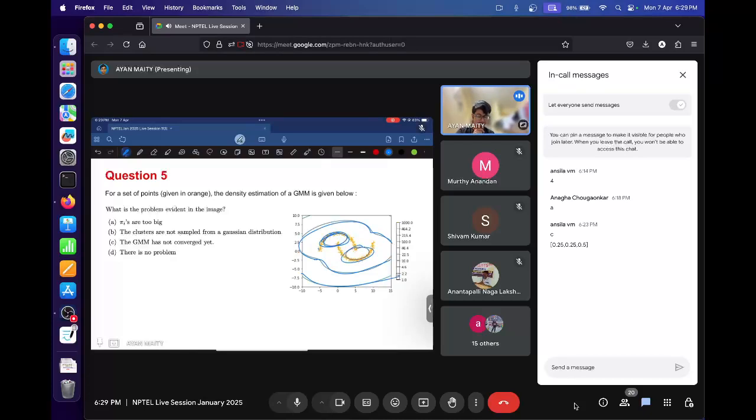So GMM finds these two Gaussian-like clusters. What is the problem evident in this figure? So the options are: A, pi i's are too big. Option B says the clusters are not sampled from a Gaussian distribution. Option C is the GMM has not converged yet. Option D is there is no problem in this GMM model.